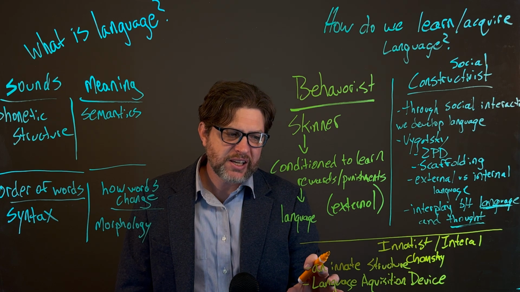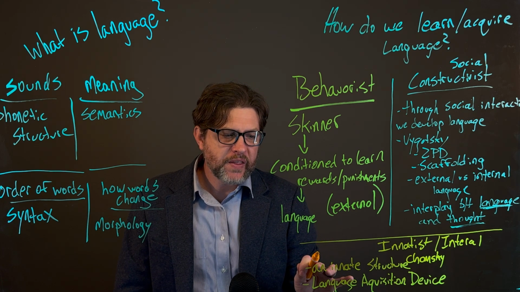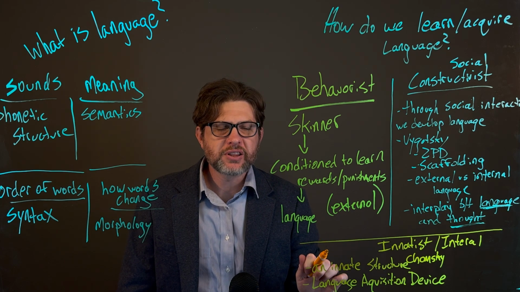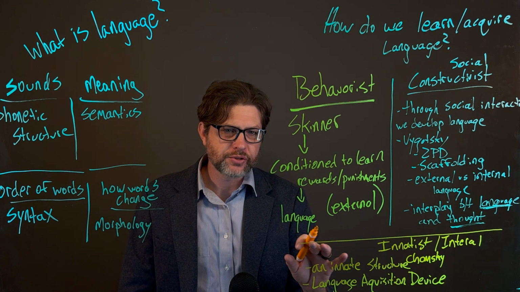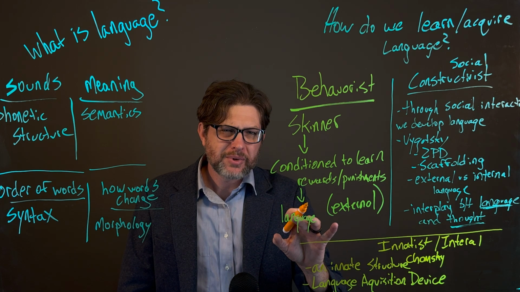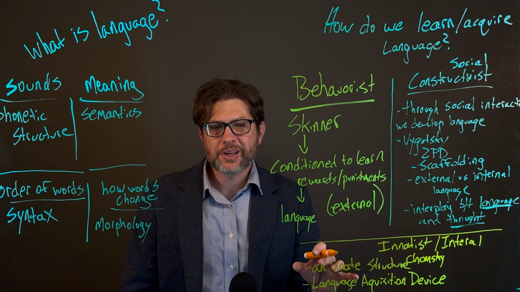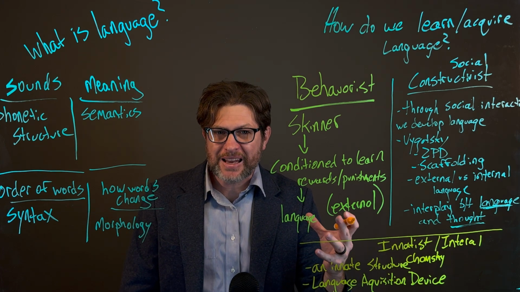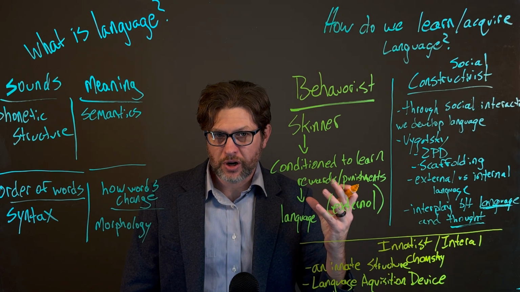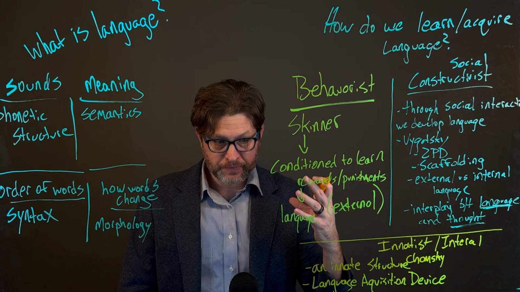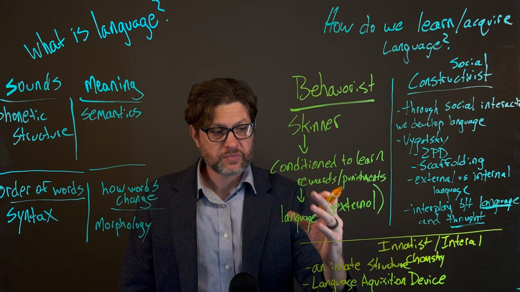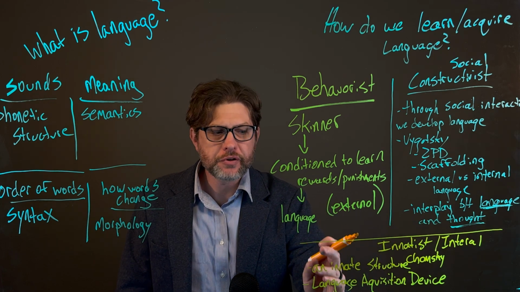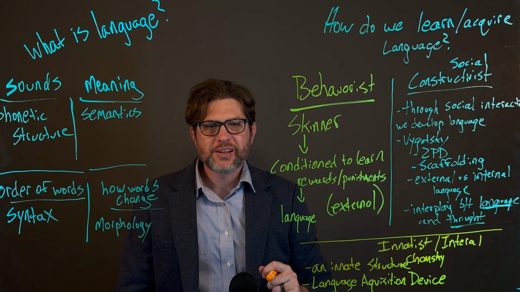But he says it's clear that if you look at humanity, in all cultures and all people who are humans, they possess the language capacity. So there must be something innate in the internal structure of the mind that allows us to acquire or to develop language. And he refers to it as the language acquisition device.